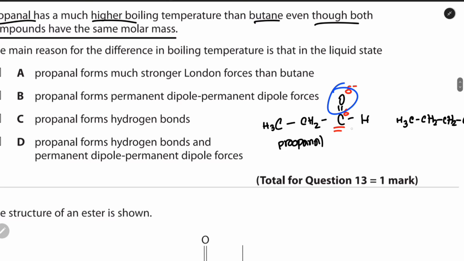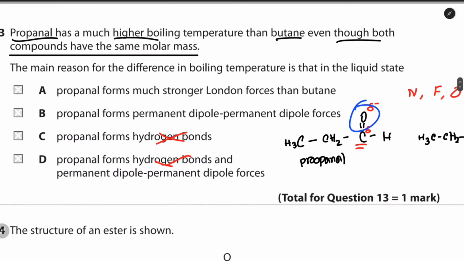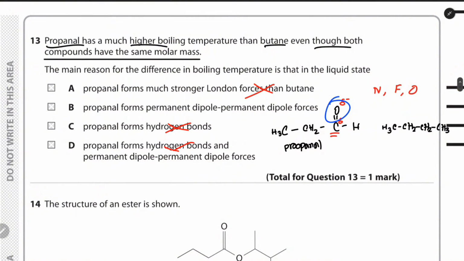For hydrogen bonding, this hydrogen has to be next to a nitrogen, fluorine or oxygen, which isn't the case over here. So we don't talk about hydrogen bonds here. The London forces on propanol are not stronger, since both of them have similar masses. That leaves us with only one option, which is option B. So the permanent dipole forces are due to this difference in electronegativity over here.